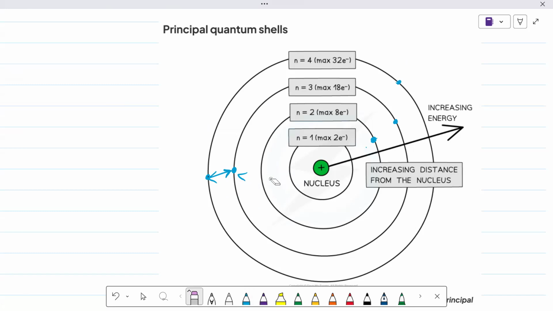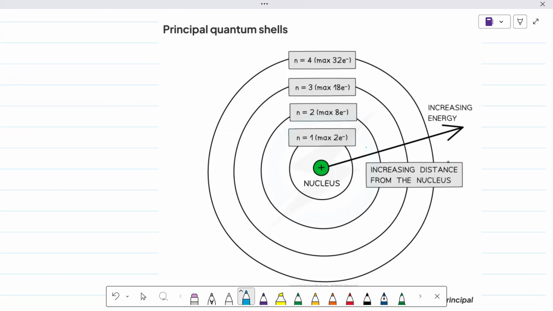So down the group, why is the atomic radii increased? This you will discuss in the shielding effect part, that there will be shielding of the electrons in between. At this stage, I am just simply explaining that you now have more shells, and the electrons are distributed in those different shells.